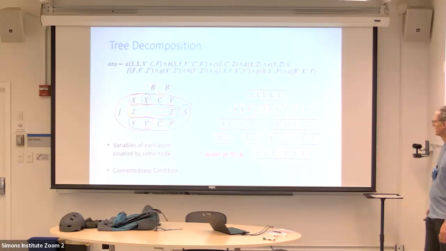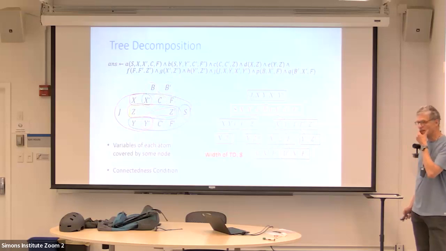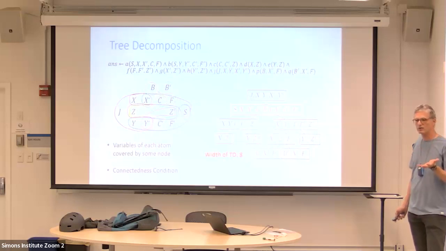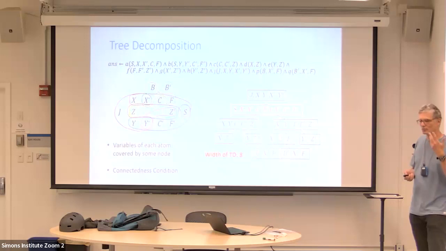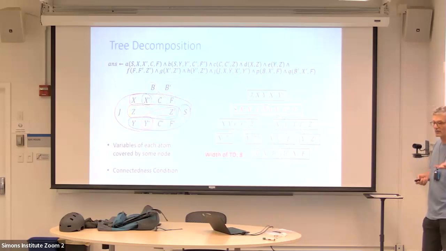Okay, and then the associated width for decompositions is, for technical reasons, the maximum size of the bags, the maximum cardinality of the bags, minus 1. This minus 1 is for technical reasons, to make sure that if we apply this idea of tree decompositions and tree width to graphs as a special case of hypergraphs, then trees have tree width 1. So it's just a technical trick.